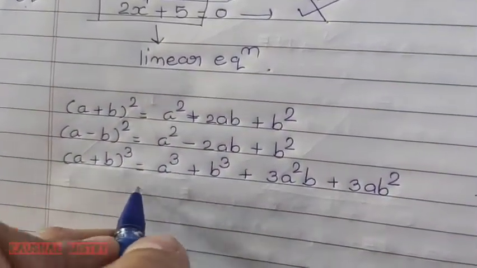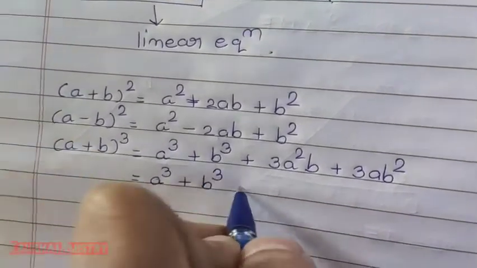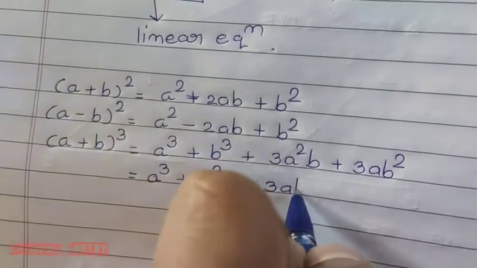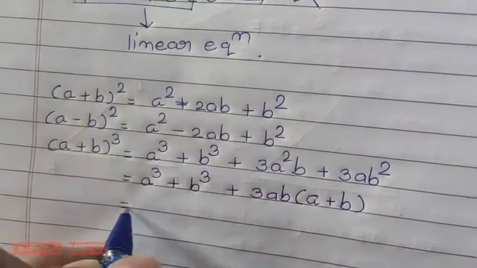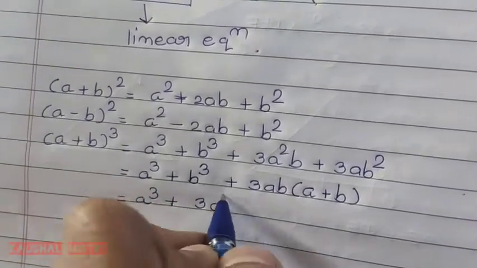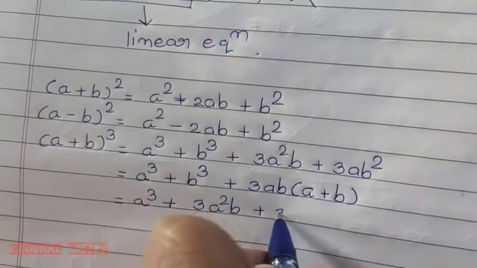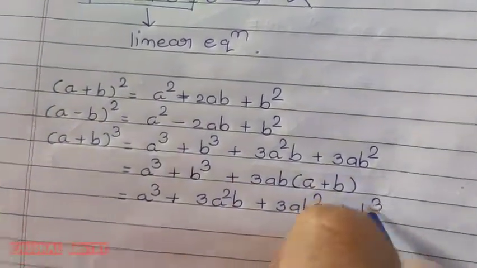The third one can be written as a cube plus b cube plus 3ab in the bracket a plus b, or a cube plus 3a square b plus 3ab square plus b cube, right?